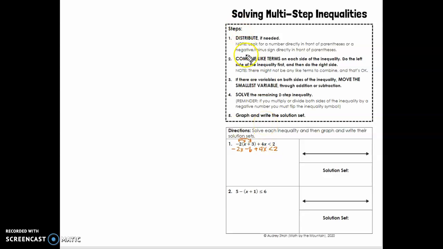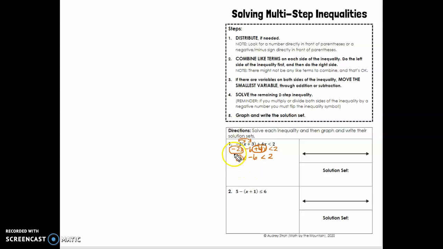Now I need to do step 2, combine like terms. I have a -2x and a positive 4x. They combine and equal 2x. So now I have 2x minus 6 is less than 2. Now I have the remaining 2-step inequality.